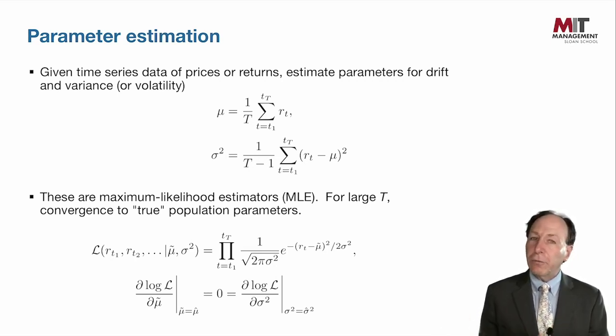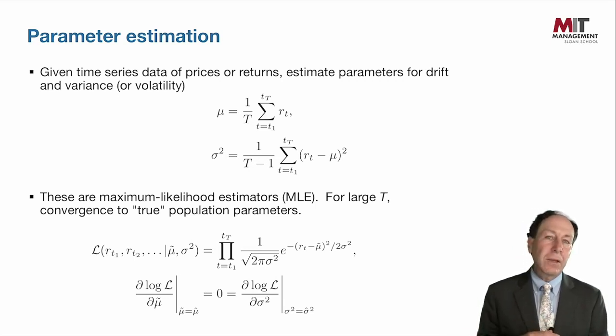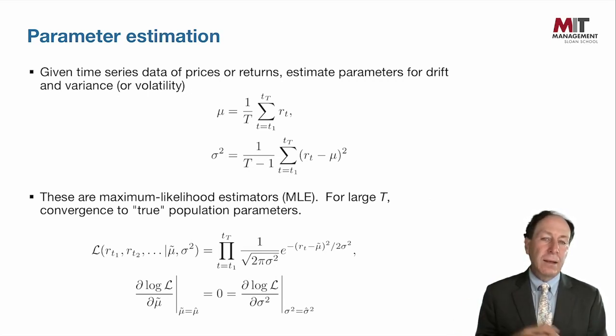But suppose we start from data and we'd like to know what we should use for mu and sigma if the data were generated from, say, the random walk model. What would be the right mu and sigma that would have generated the data? And the answer to that we can find from usual statistics, from maximum likelihood estimation. In this case, we find the mu from the average and the variance from computing the sample variance of our set of observations.